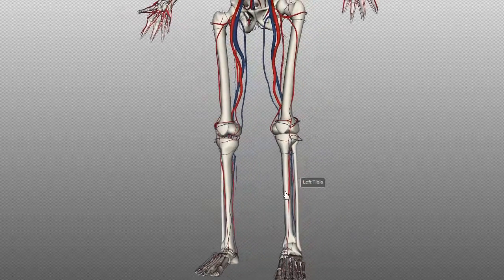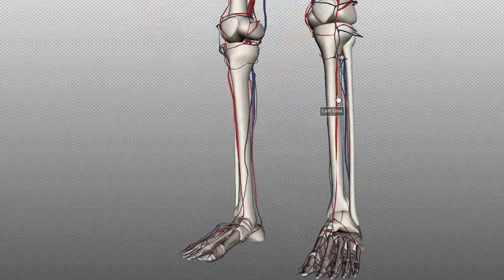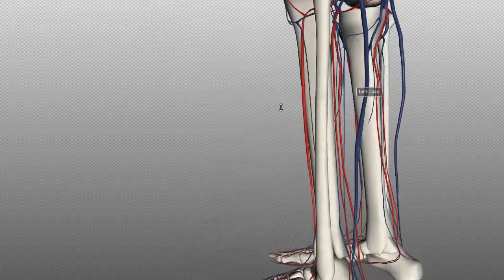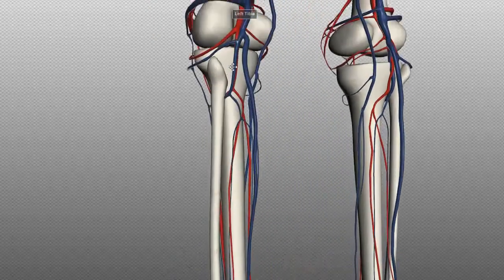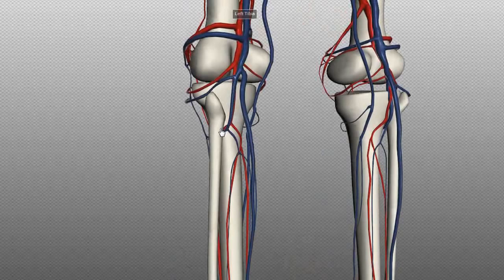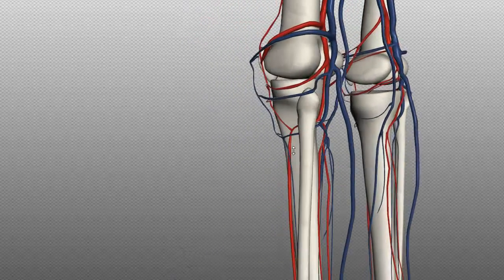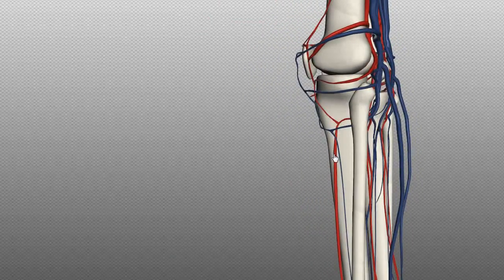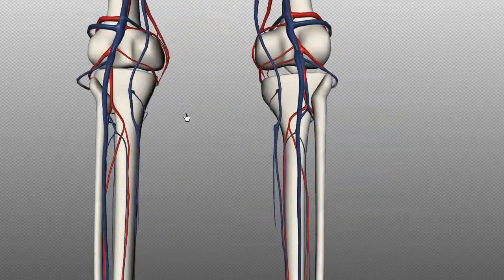So here we're looking at the front of the body, so the anterior surface of the tibia, and at the back, so you can see here the popliteal, just zoom in a bit more, so the popliteal artery branches off, and you can see it winding round here just underneath the fibula to form the anterior tibial. And then at the back you've got two branches.